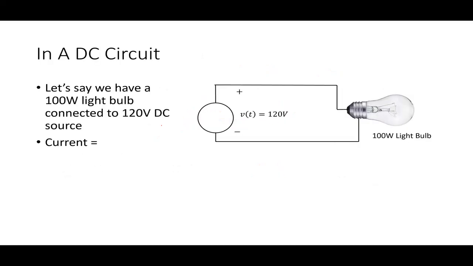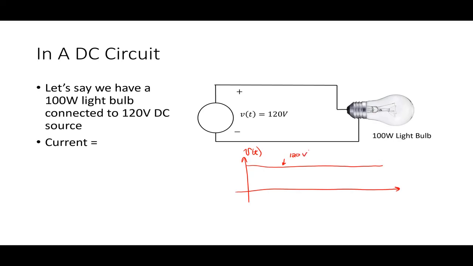Now in a DC circuit, that was pretty straightforward. Let's say I've got a 100-watt light bulb connected to a voltage source with 120 volts. V(t) would be simply a constant value at 120 volts.